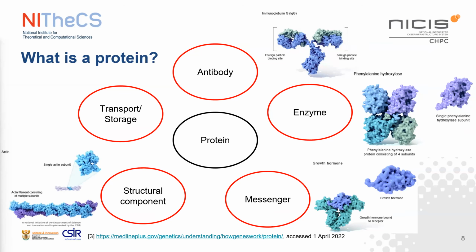And then transport. Just like with Uber, our body also has its own Uber. It transports certain things from one part of the body to the other so that it can do the job somewhere else. This is typically what the transport proteins would do. They carry cells or drugs even from one part to the next.